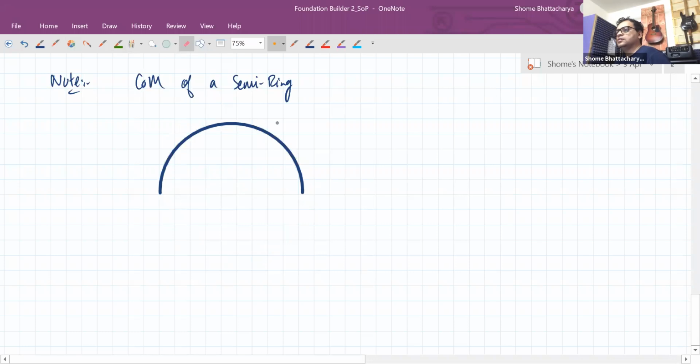If you have a semi-ring of mass m and radius r, the position of the center of mass, we did by integration last time. The center of mass is located here. So this y coordinate is given by the formula 2r by pi.